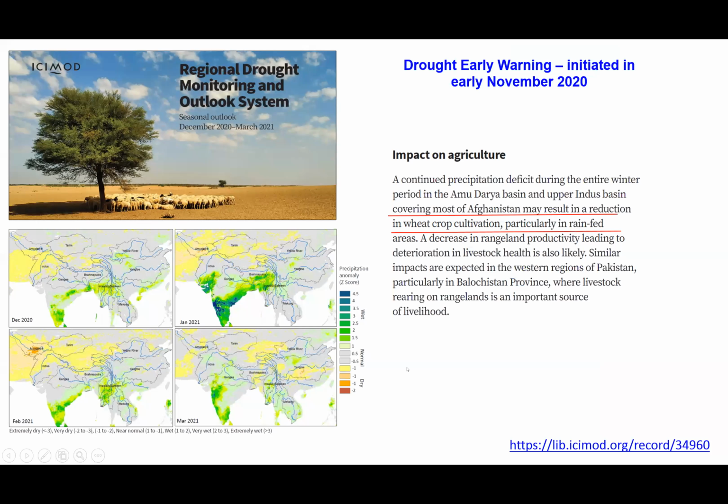The early warning produced in the month of October was so clear that I can just read it over here: a continued precipitation deficit during the entire winter period in Amu Darya Basin and Upper Indus Basin, covering most of Afghanistan, may result in reduction in wheat crop cultivation, particularly in rain-fed areas. A decrease in rangeland productivity leading to deterioration in livestock health is likely. So this was a very clear communication, but we know that no action took place.